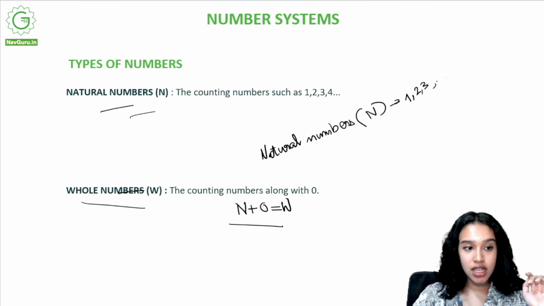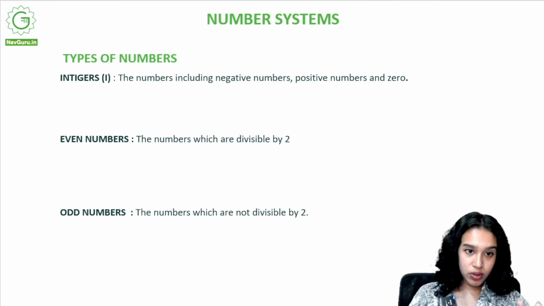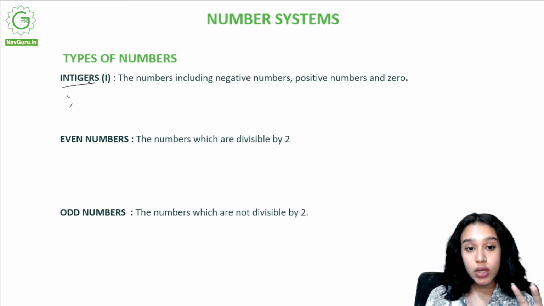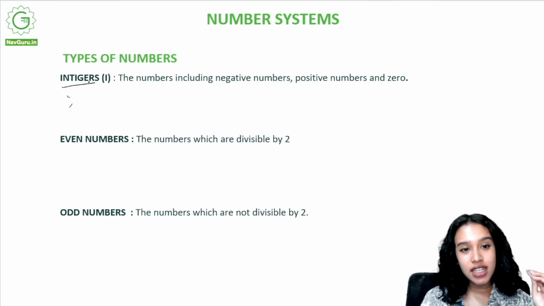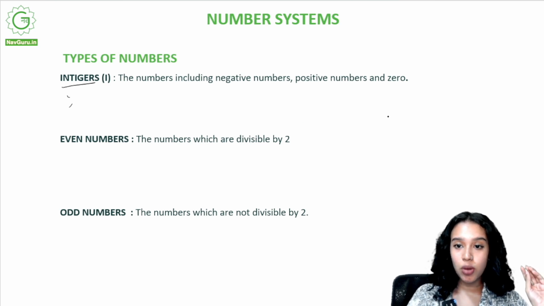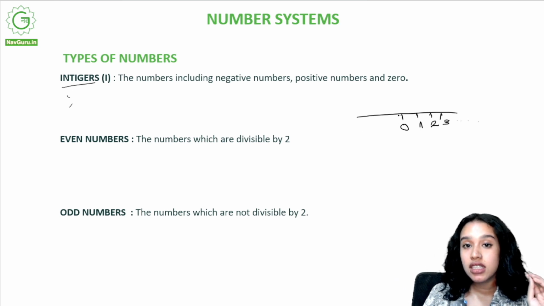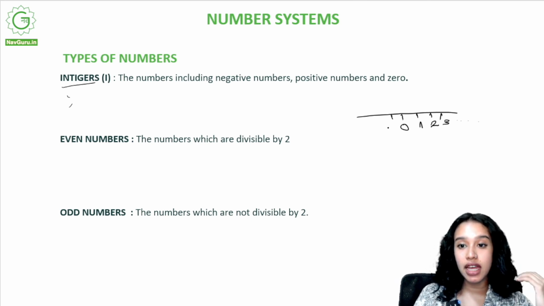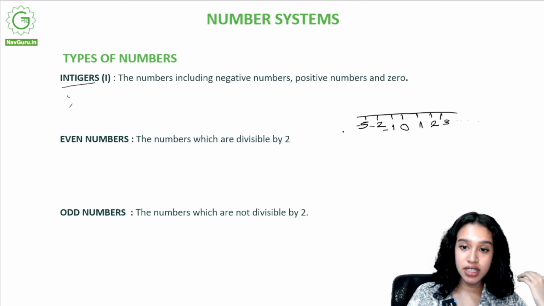Now let's move on to the next type of number we have. Next we have the integers. So what are integers? Integers are a very beautiful concept where normally in the number line we have 0, we have 1, 2, 3, and it goes on. And this number system says that there are negative numbers behind 0, which have values lesser than 0, which is -1, -2, -3, and it goes on till -infinity.